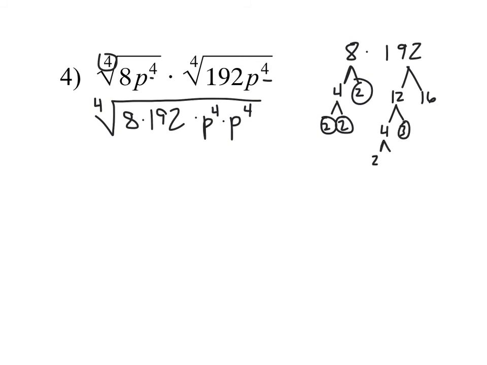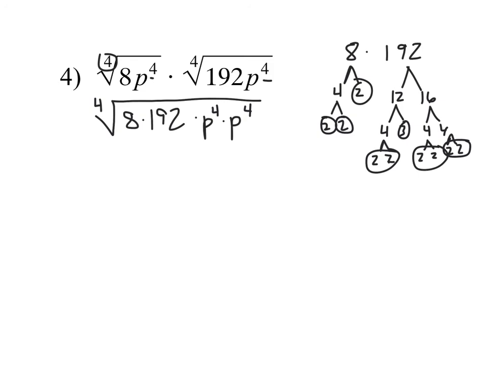This guy goes to 2 and 2. And then 16 goes to 4 and 4. And 2 and 2. And 2 and 2. Okay, so now as you look here, I've got 1, 2, 3, 4, 5, 6, 7, 8, 9 2s.